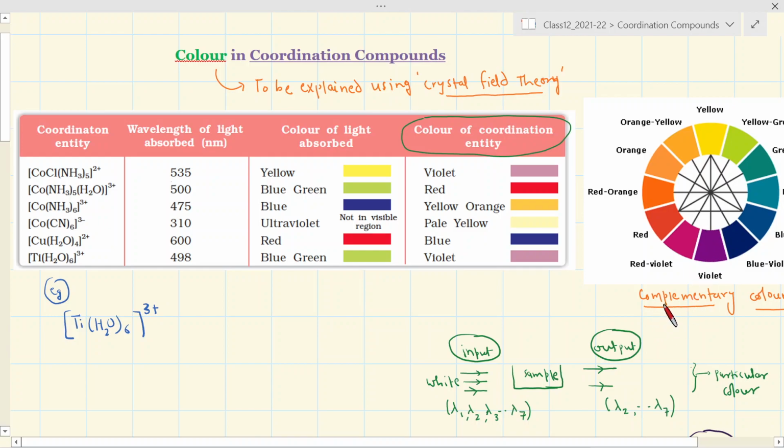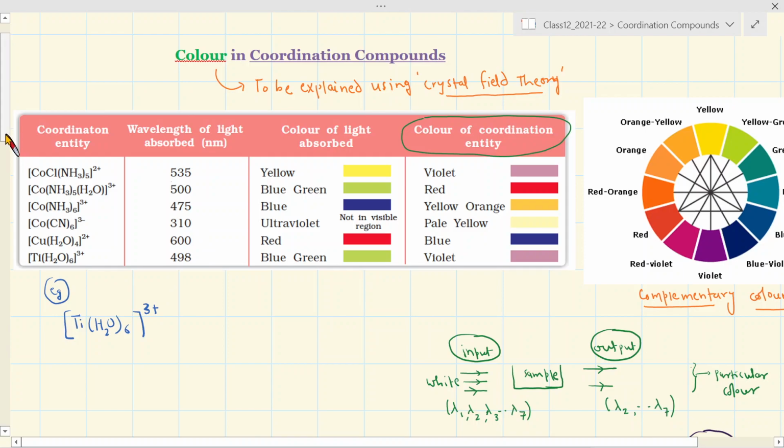So the complementary color wheel is a quick mechanism to figure out, if a certain color is absorbed, what color will be seen from that sample. Yellow absorbed, the color of the sample will be violet. Likewise you can explain the observed color of various complexes, because they absorb certain specific wavelengths.